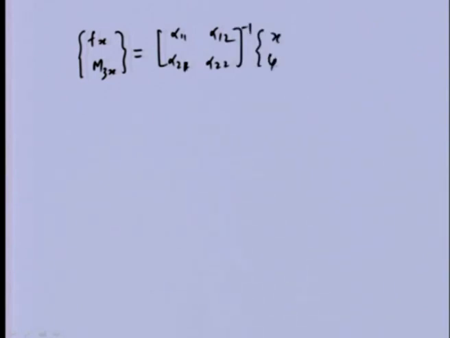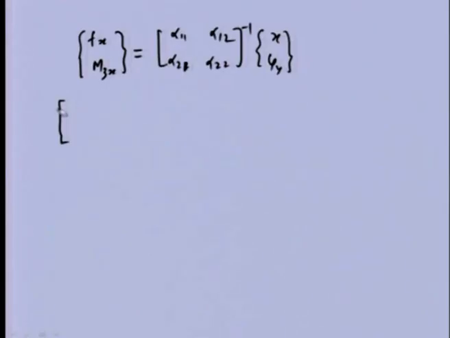Let us say we are inverting this particular matrix: alpha 1 1, alpha 1 2, alpha 2 1, alpha 2 2 inverse into x phi y. Now, we have a simple relation for the inversion of a matrix.